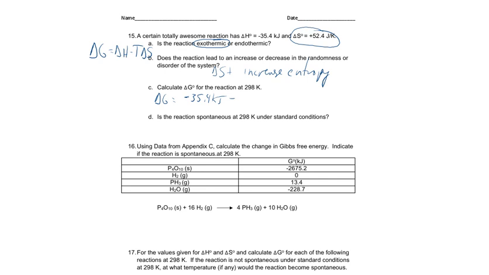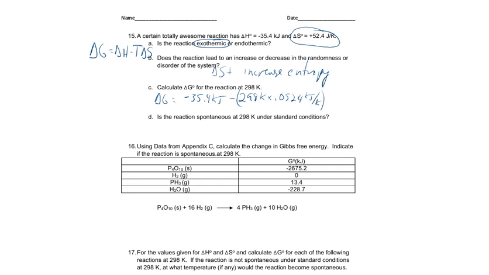We don't know, 298 K. Temperature has to be in Kelvin. And your delta S is in joules, but you put it in kilojoules, so you have to convert. Remember that: 0.0524 kilojoules per mole Kelvin.